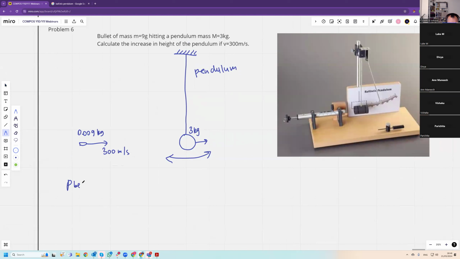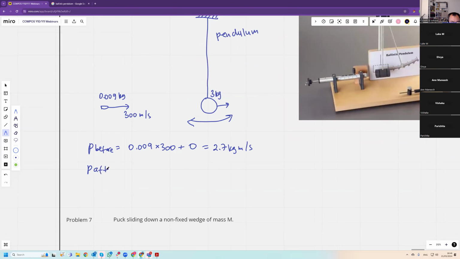So the momentum before is 0.009 times 300 plus 0, because this is not moving, which makes it 0.009 times 300, 2.7 kilogram meters per second.